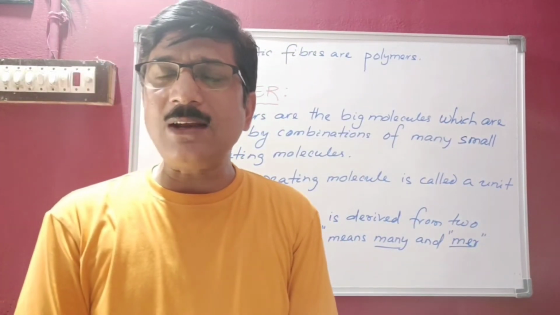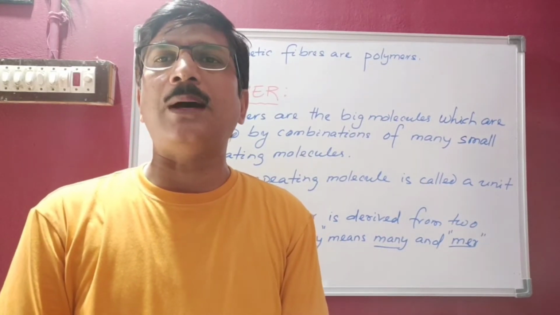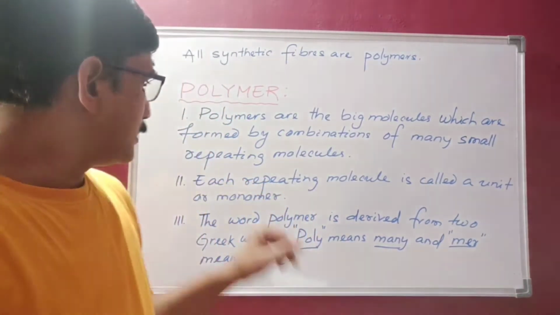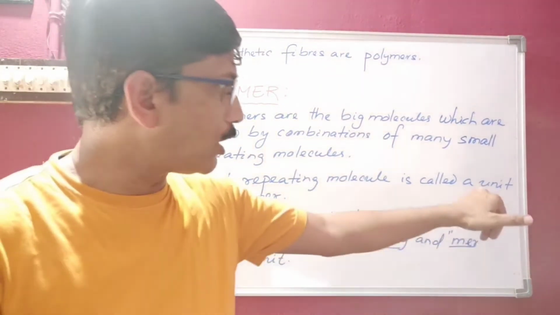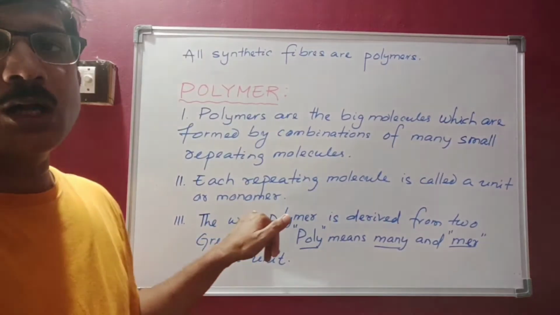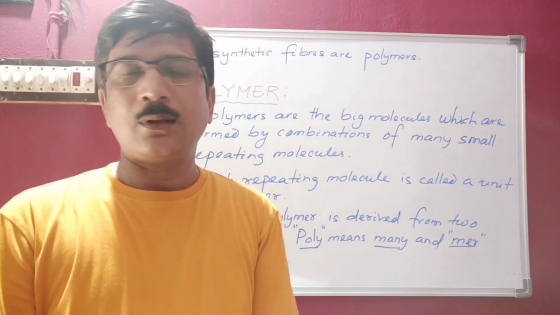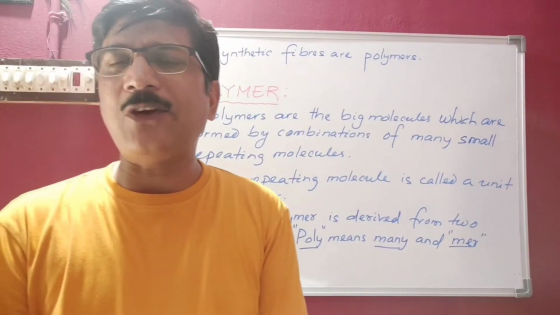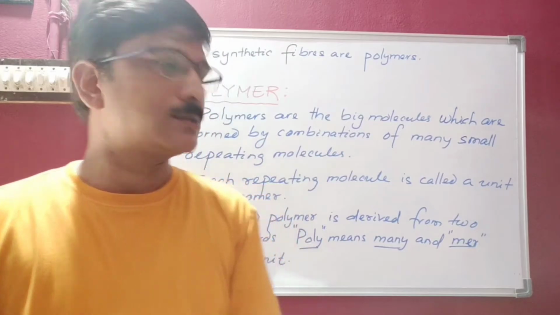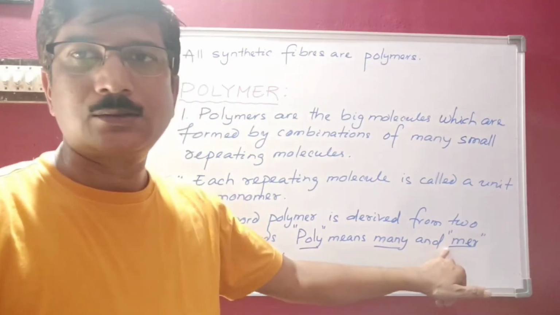So it is a chain of a number of small molecules. Each repeating small molecule is called a unit or monomer of the polymer. The word polymer is derived from two Greek words: poly and mer.